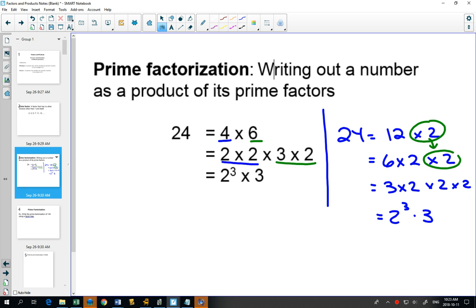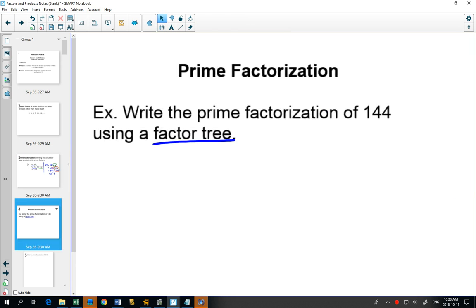And then, oh, 6 is 3 times 2. Now they forget that I had these extra times 2 times 2. They still have to be there. So we introduced something called a factor tree, which can help you not forget.